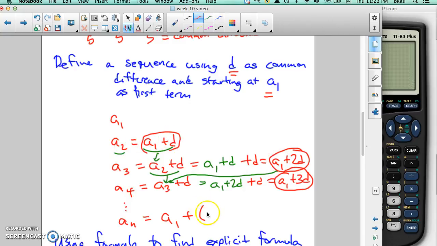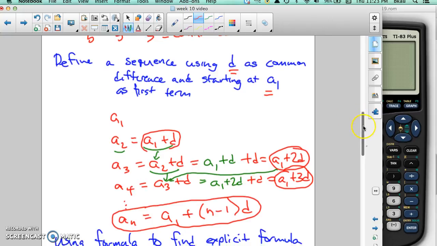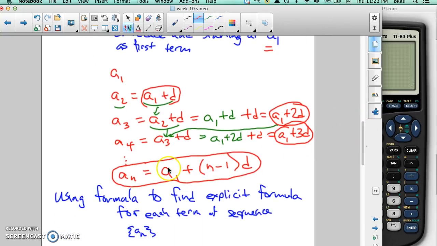So we're going to be 1 less than n for the number of differences. So this is going to be my formula that I'm going to use for each term in a sequence that's arithmetic, based upon the first term and the difference in which term we want.